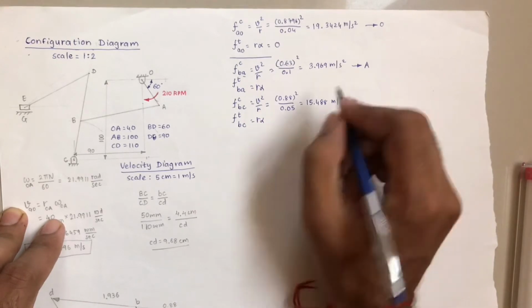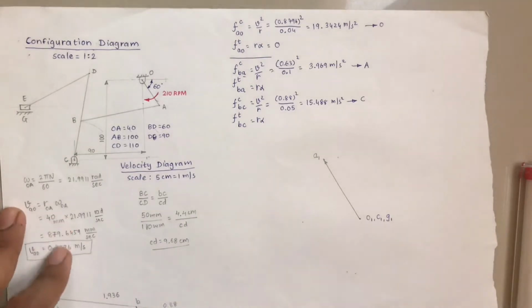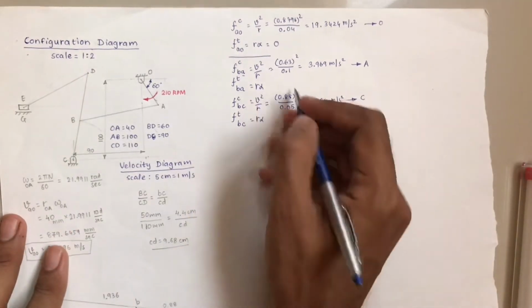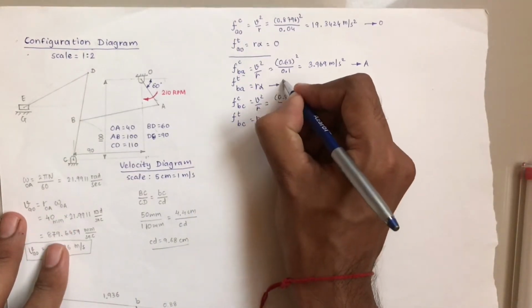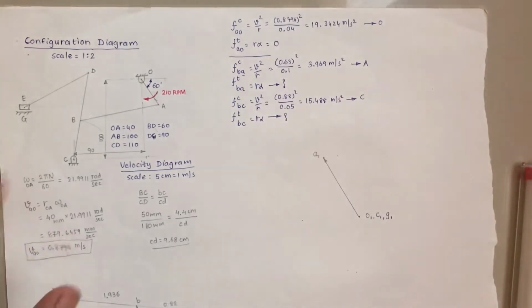And the direction again, when you see BC, C is the center of rotation, so towards C. Now in both, alpha is not given, so we cannot find it. You cannot assume 0, only for the first link. If omega is given and alpha is not given, then we can assume, but here we can't assume.